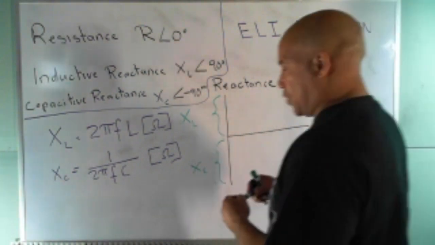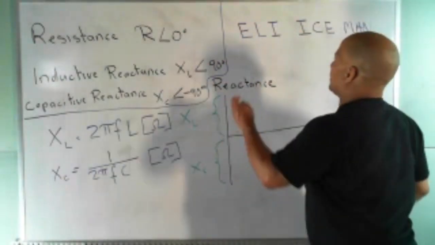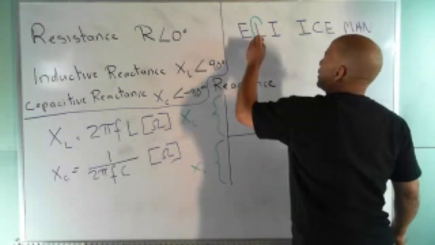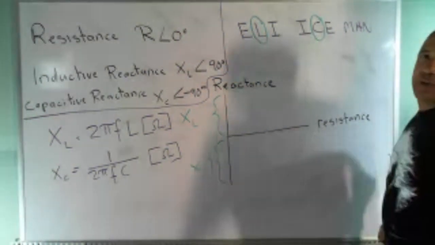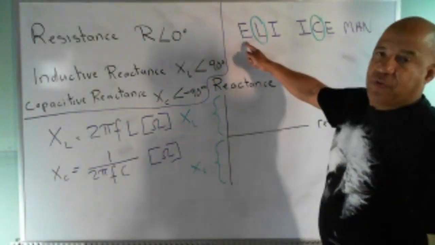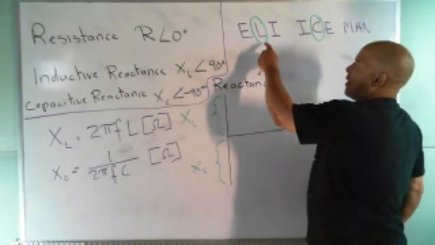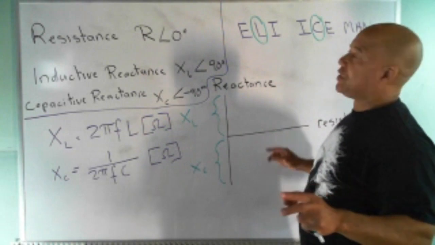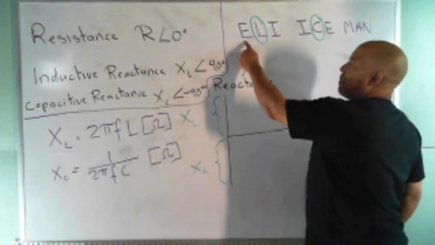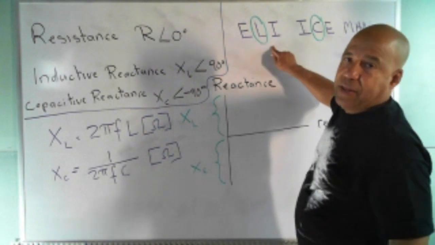And the way this works, this L means we have an inductor. And the C means we have a capacitor. And so E is for voltage and I is for current. So the way you would say it is, if I have just a purely inductive circuit, nothing but an inductor in an AC circuit, the voltage happens before the current, or the voltage is going to lead the current by 90 degrees.